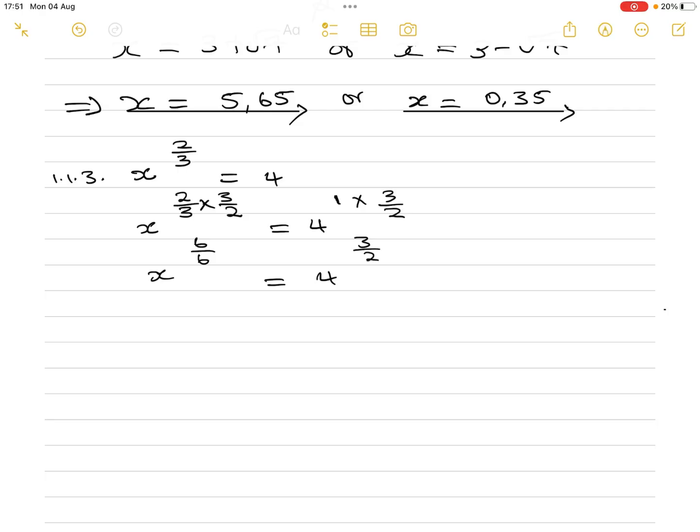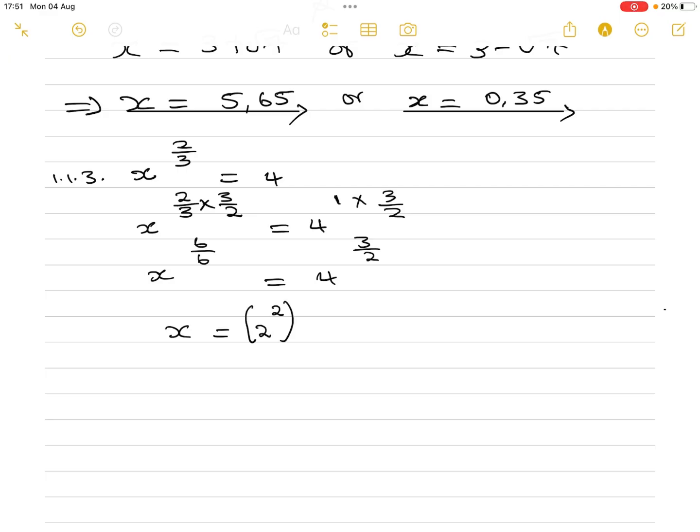Unfortunately, it is going to cause a problem for me to solve this. So I have to simplify it such that it does not cause any trouble on my side. So 6 over 6 is 1. So x is equal to what? I can rewrite 4 as 2 to the power of 2.